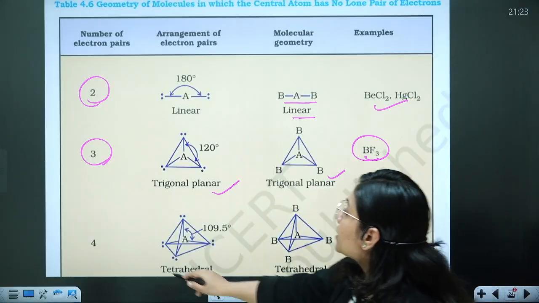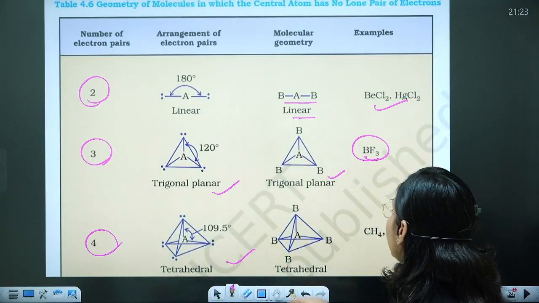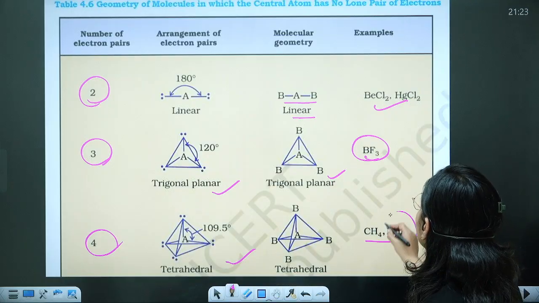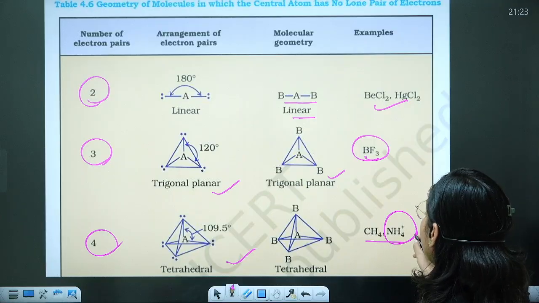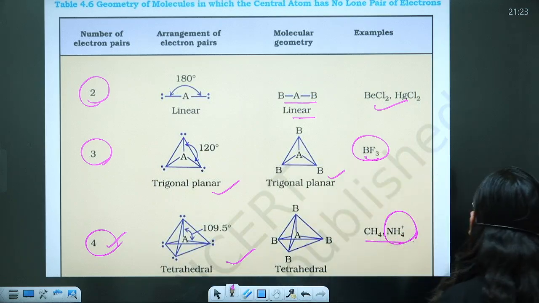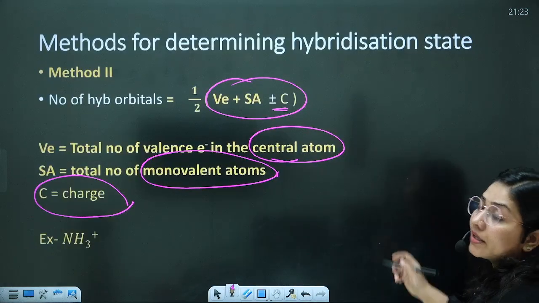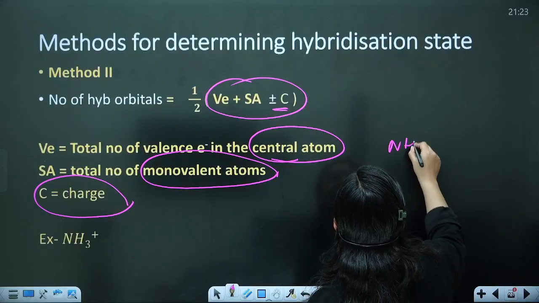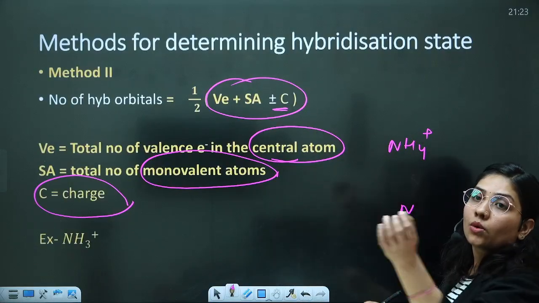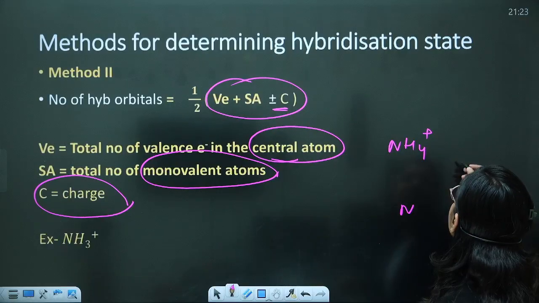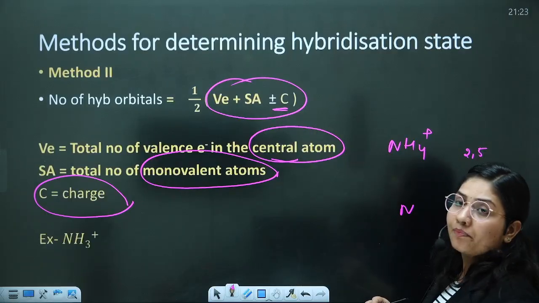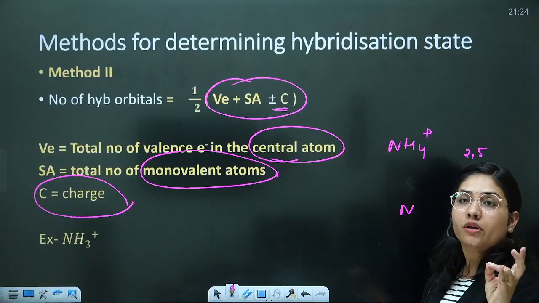Now come to the next, for 4, tetrahedral. CH4 is the example. See here NH4 positive is written. NH4 positive is having 4 bonded monovalent atoms. What is the atomic number of nitrogen? It is 7: hydrogen, helium, lithium, beryllium, boron, carbon, nitrogen.